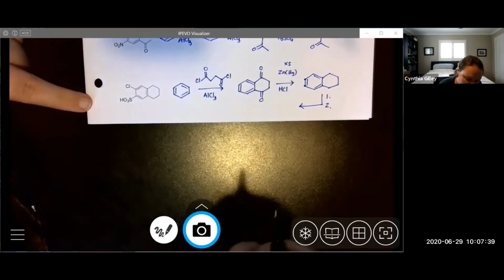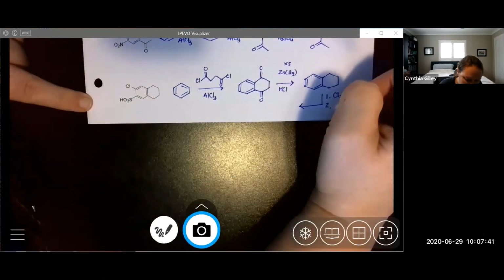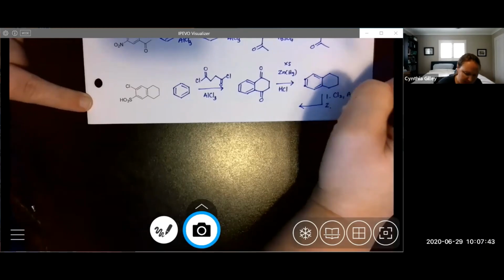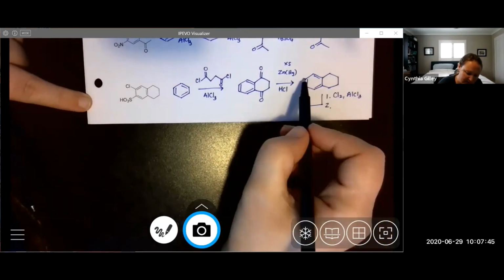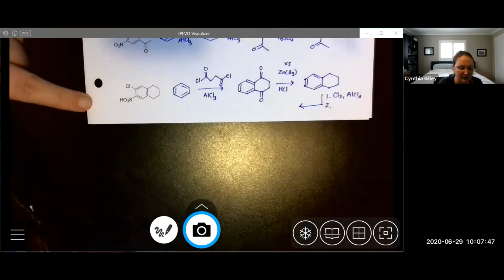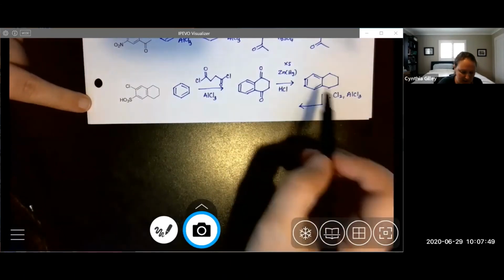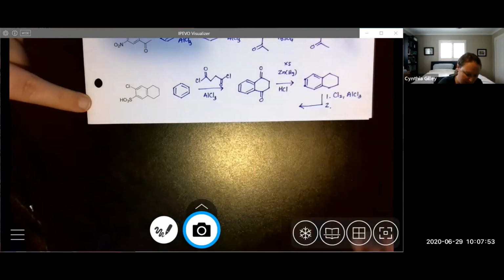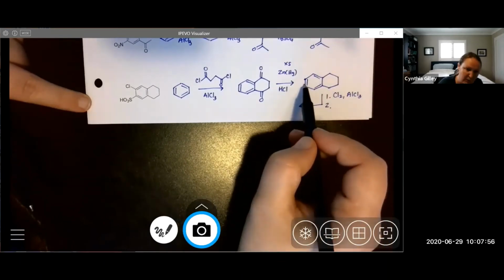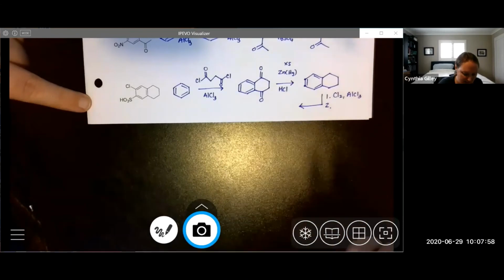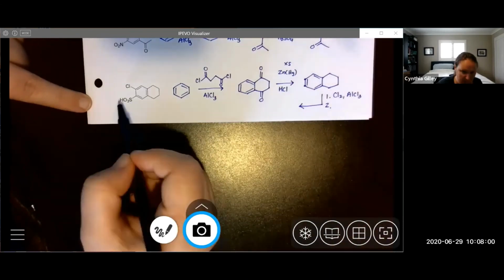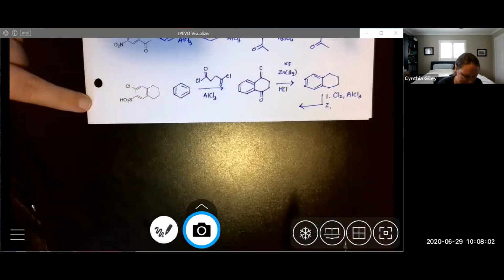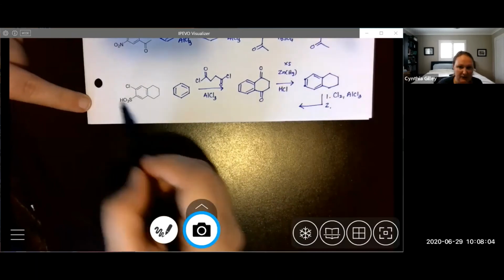I think it makes more sense to introduce the chlorine first. And that's because as soon as we introduce the chlorine here, this is now an ortho-para director as well. The para is blocked. So that means that it's going to introduce the sulfonyl group ortho to help direct. Whereas if I introduce the sulfonyl group first, then the sulfonyl group is a meta-director.